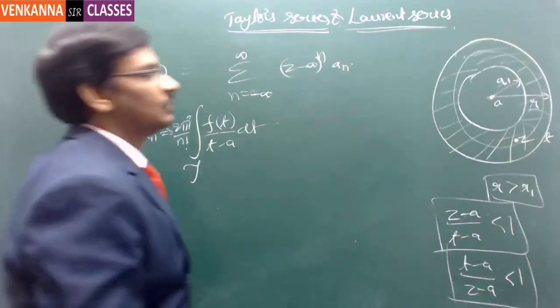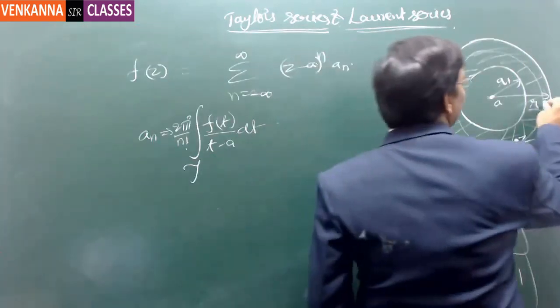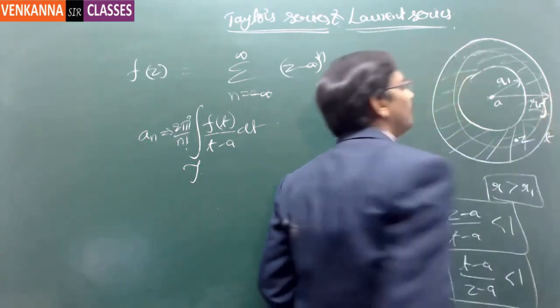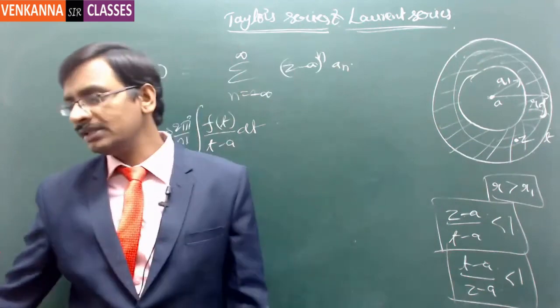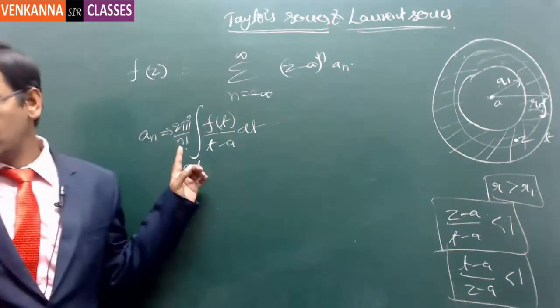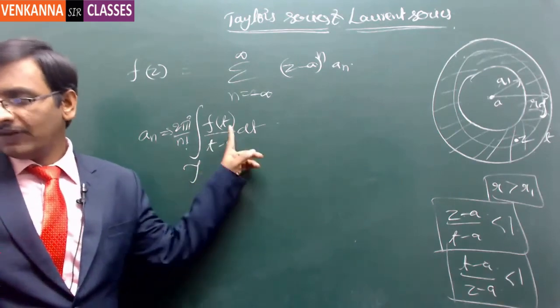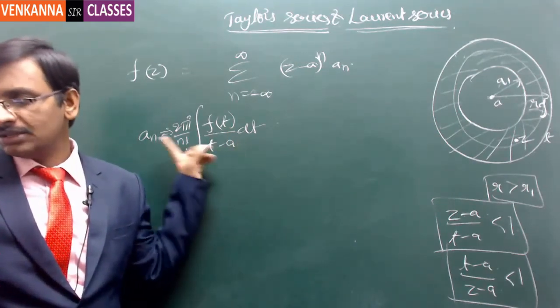This curve is usually represented with the name tau. If you randomly consider a closed contour tau within that region, that integral value 2 pi i by n factorial into the integral over the contour tau of f of t by t minus a into dt is nothing but a n.